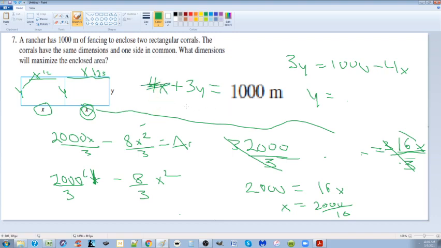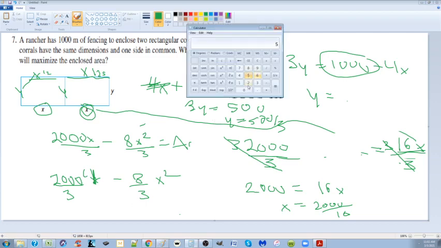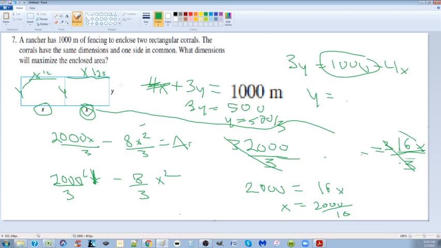So that means 3y is equal to 1000 minus 500, which means y is actually 500 divided by 3, which is equal to 166.666.